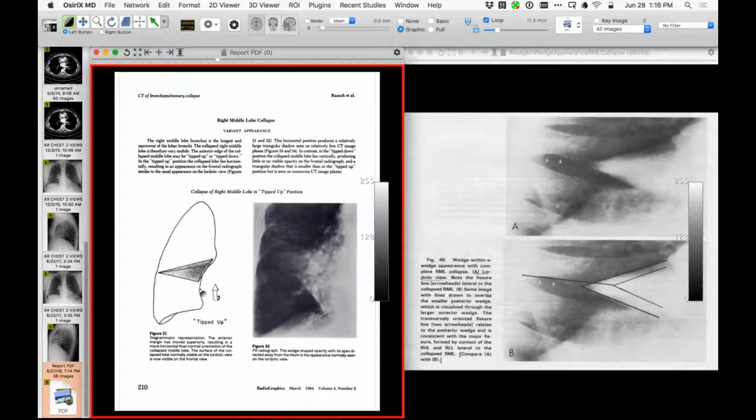So this is the so-called tipped up right middle lobe, where without a lordotic projection, you can see the triangular opacity of the lobe because the right lower lobe in particular is more expanded, taking up quite a bit of room and lifting the lobe up, as it were. So a super nice example of some anatomy and the tipped up variant of right middle lobe collapse.